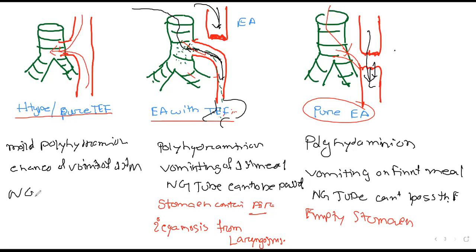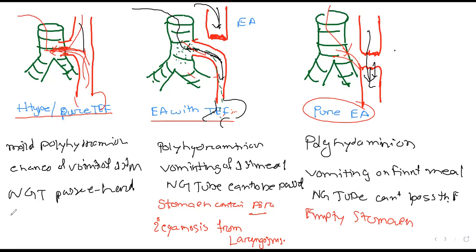And the nasogastric tube. It will be hard for us to pass the nasogastric tube because there is a fistula present. So nasogastric tube passage is hard, or it is a complicated procedure. But what we see confirmatorily, as there is a fistula present between the trachea and esophagus, is that when the baby inhales, the gas can move to the stomach through this fistulated esophagus.